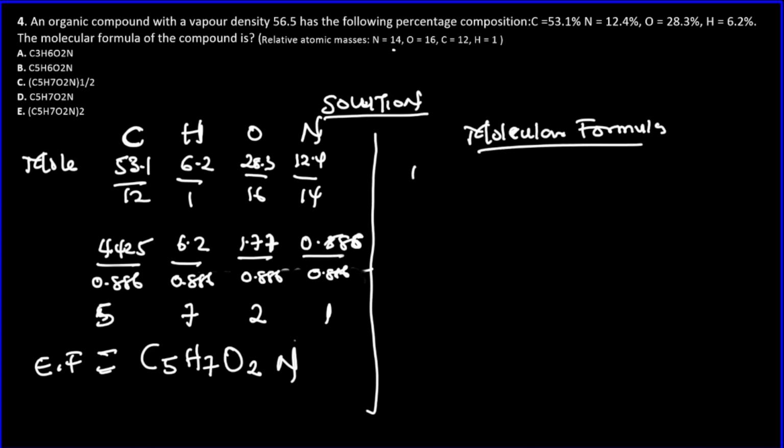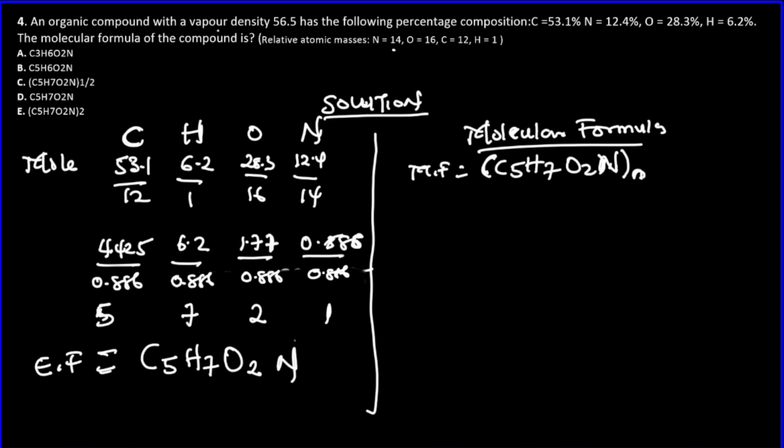So molecular formula equals, open bracket, C5H7O2N times the integer n. And to find the integer, we need the relative molecular masses, and the relative molecular mass of the empirical formula, remember, times n equals the molar mass or the relative atomic mass of the compound.